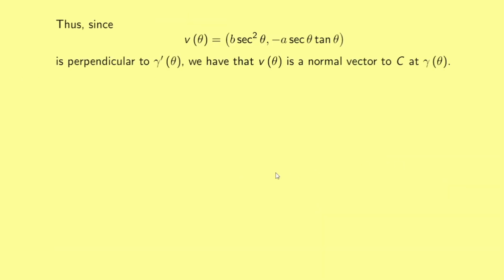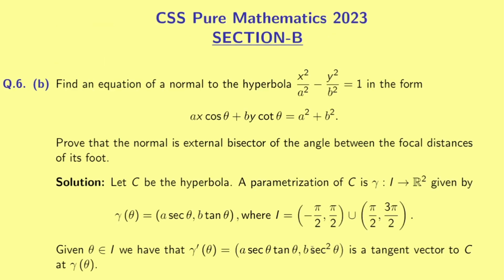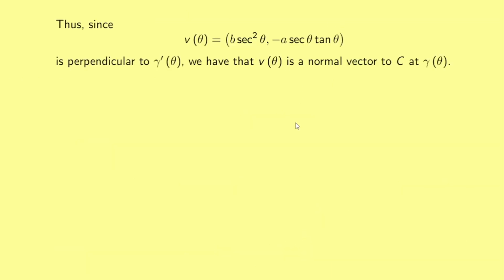So we take this vector v of theta: b secant squared theta, and minus a secant theta times tangent theta. I reverse the coordinates of the tangent vector and I put a minus in the second coordinate. If we take the dot product of these vectors, we'll see that it's 0.